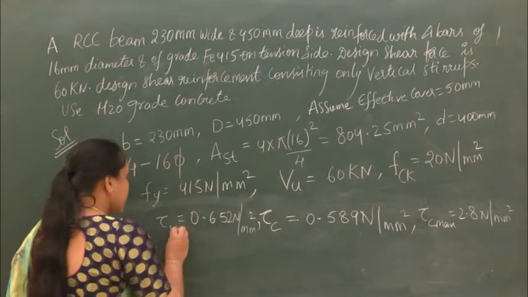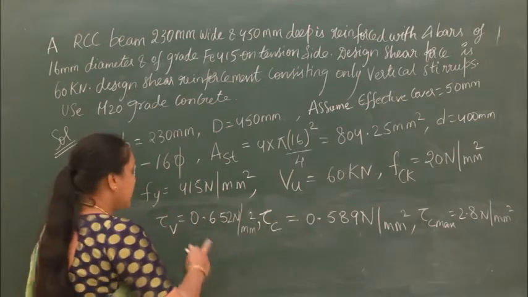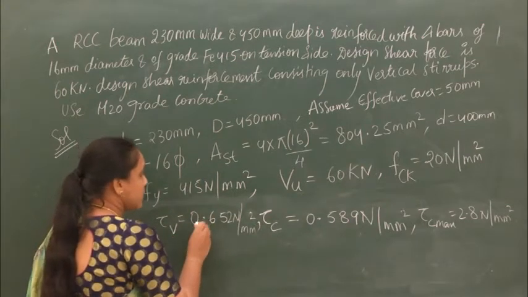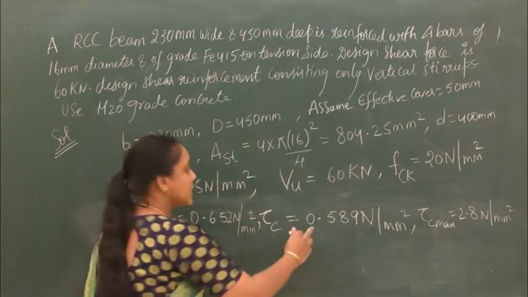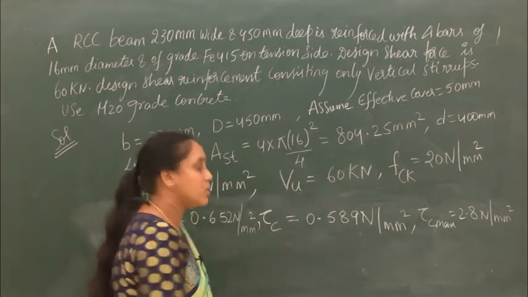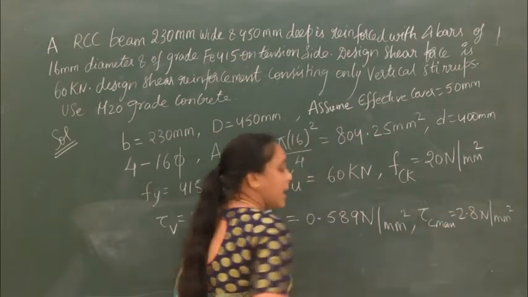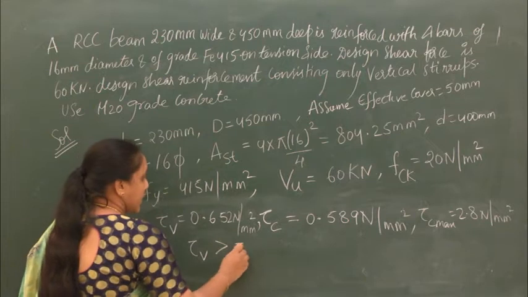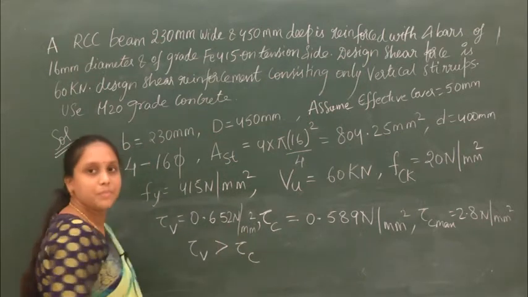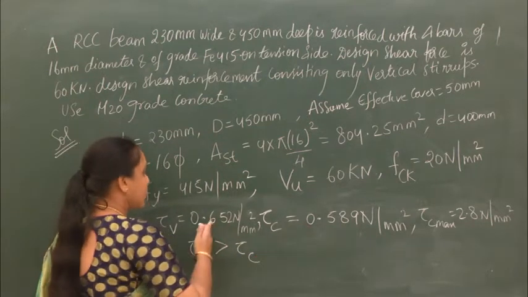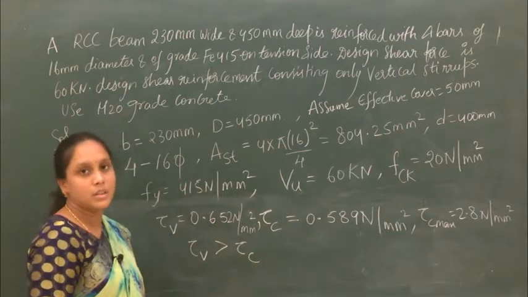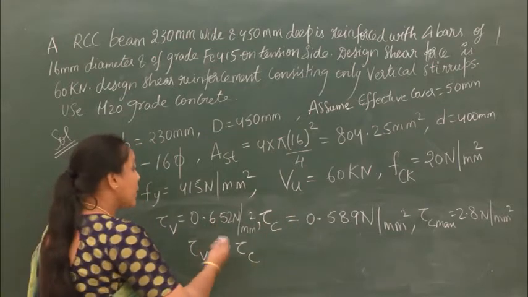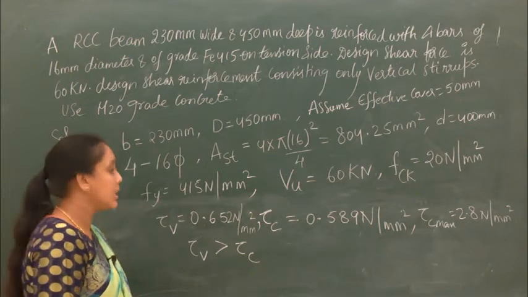If you observe here, what is the value of tau v? It is 0.652. Tau c is 0.589 and tau c max is 2.8. So you can observe that tau v is greater than tau c. If tau v is greater than tau c, what is the other thing you have to check?